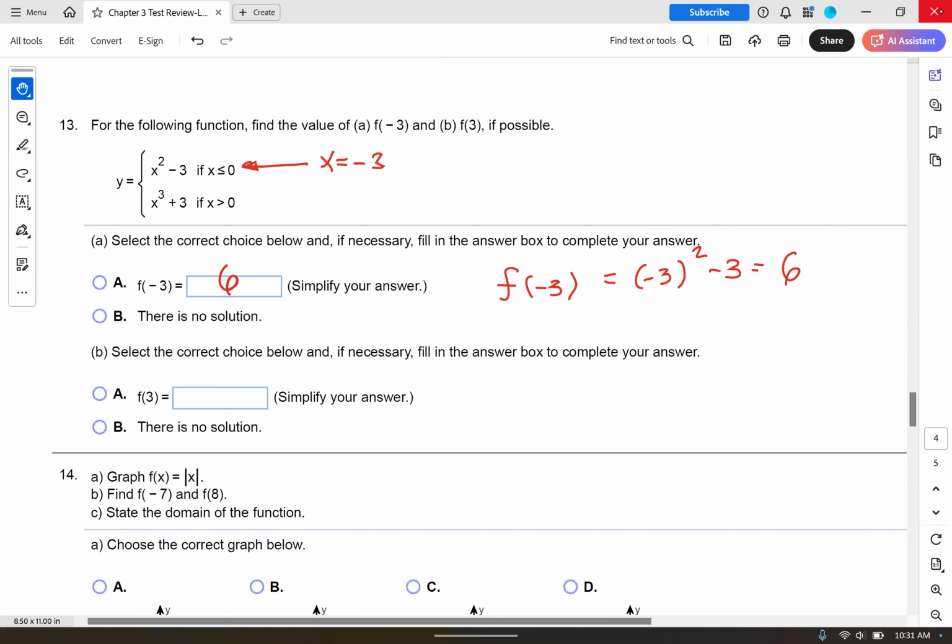All right. How about f of 3 though? Do you use this rule here? Because your equation says if x is a number bigger than 0, use the second rule. So what's that going to be? 3 squared plus 3, is that 12?